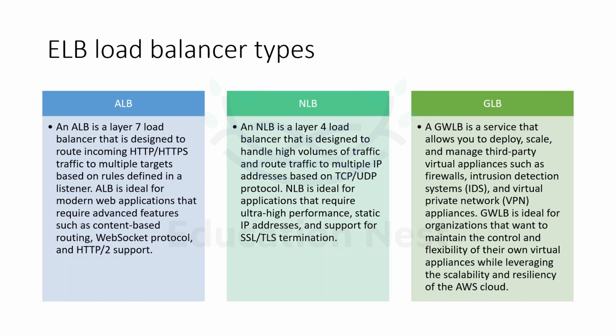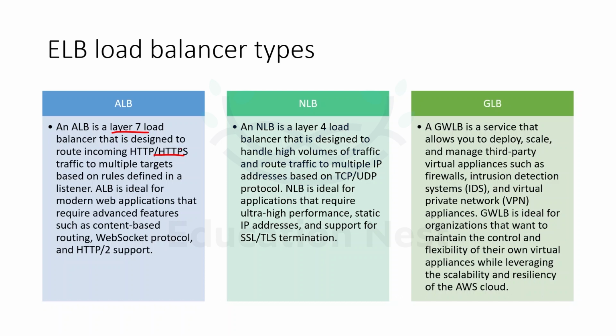So there are three types of load balancers that we are going to discuss. The first type of load balancer is the application load balancer. It works on layer 7 of the OSI model. It is designed to route incoming HTTP or HTTPS traffic to different targets.